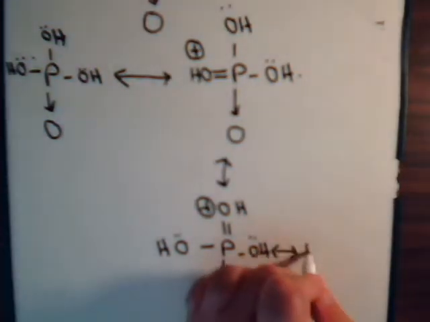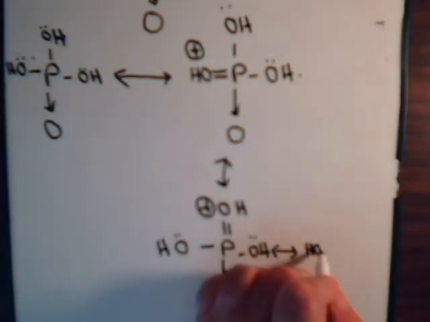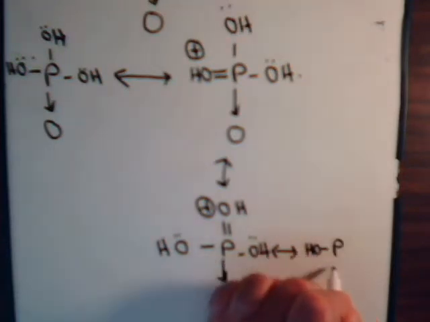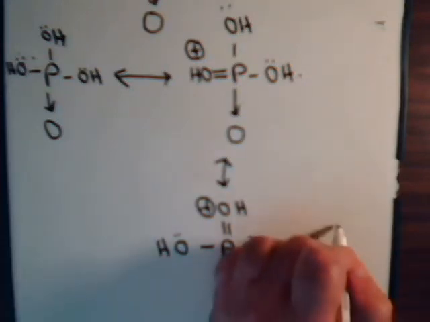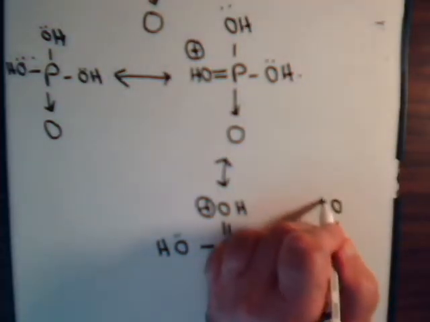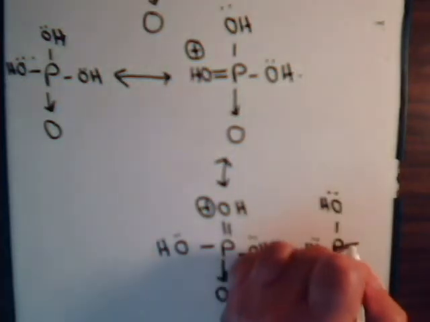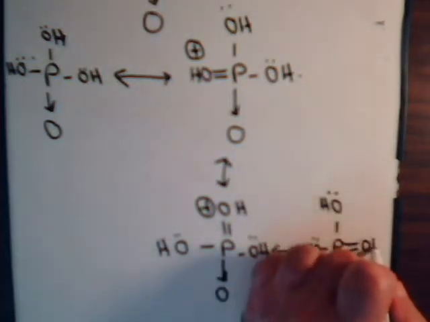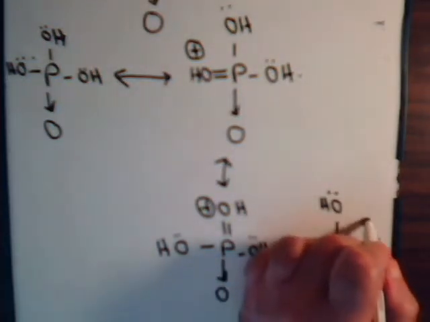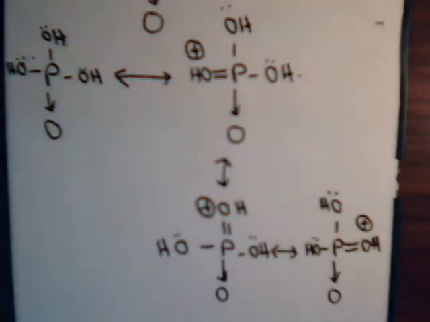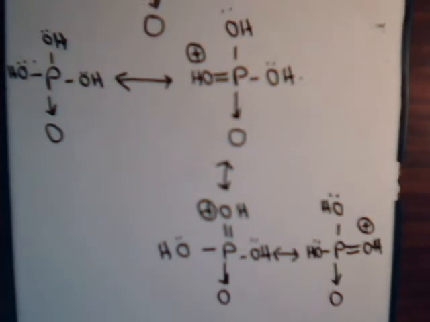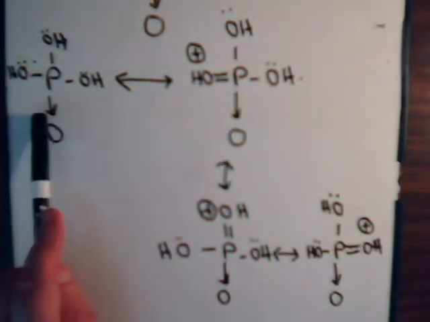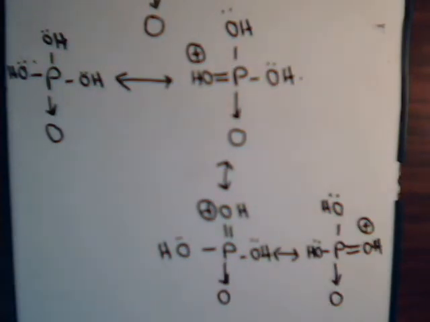So we have this. Like this. So for phosphoric acid, there's 1, 2, 3, 4 different canonical structures.